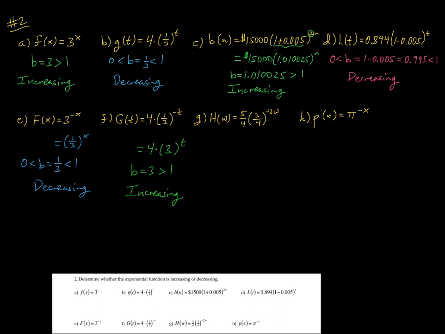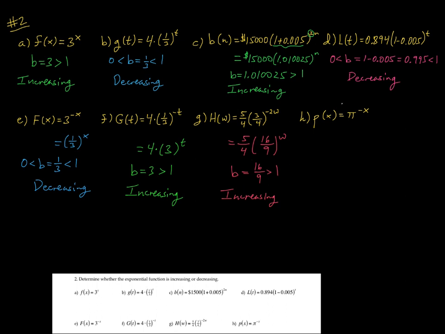So this is going to say take the reciprocal of 3/4, that'd be 4/3, and then you're going to square it. So all together there you have 4/3 squared, which would be 16/9, and then that's being raised to the w power. So our base b here is 16/9, which does exceed 1, so this would be an increasing exponential function.